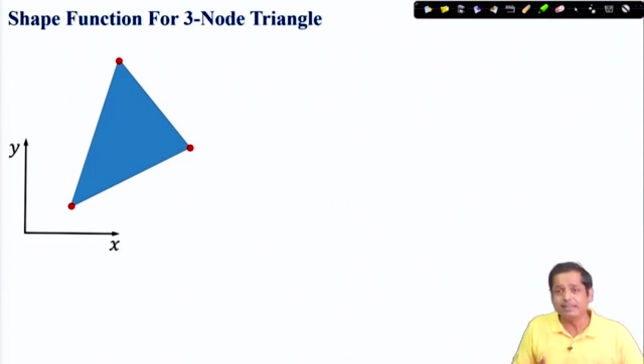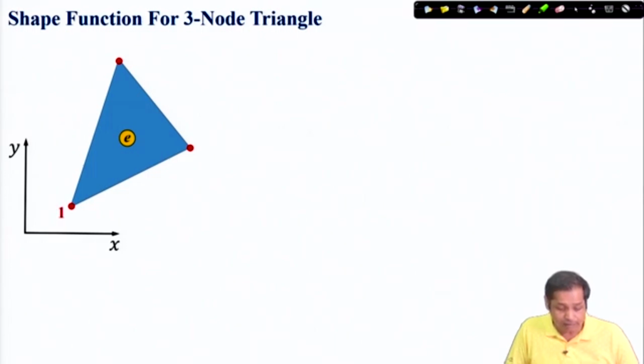And then in the subsequent discussion, we will take several other elements and then form a generalized method to construct shape functions, right? So, let us take one element, and this element has 3 nodes. Suppose this element is E, any arbitrary element E, and these 3 nodes are 1, 2 and 3.